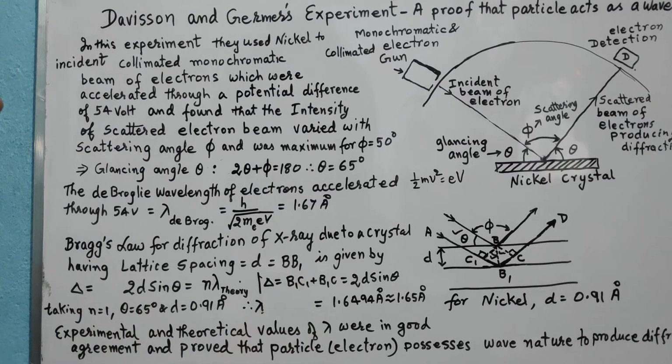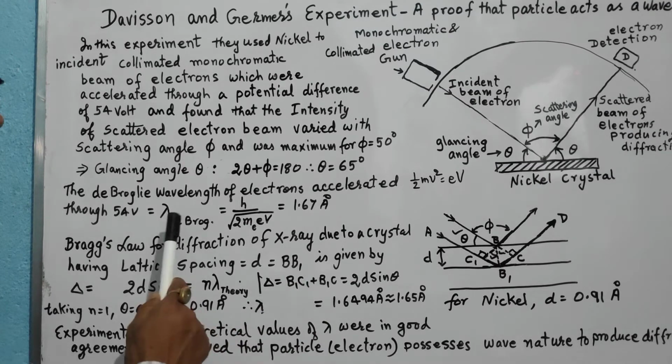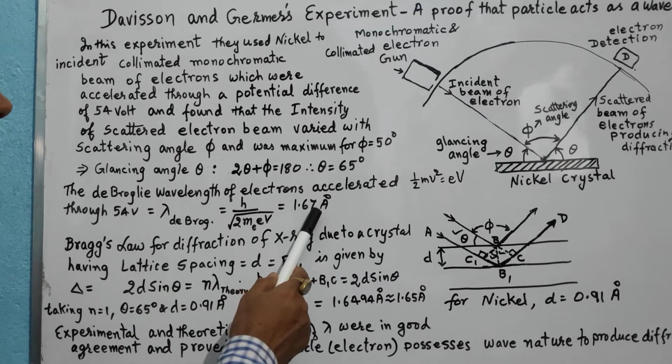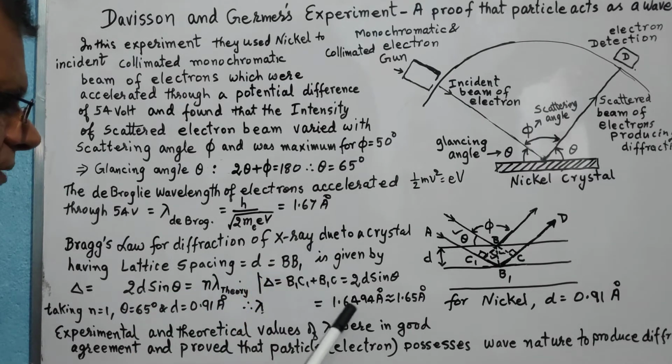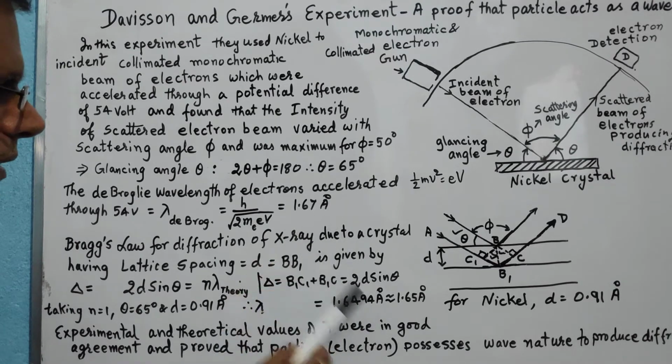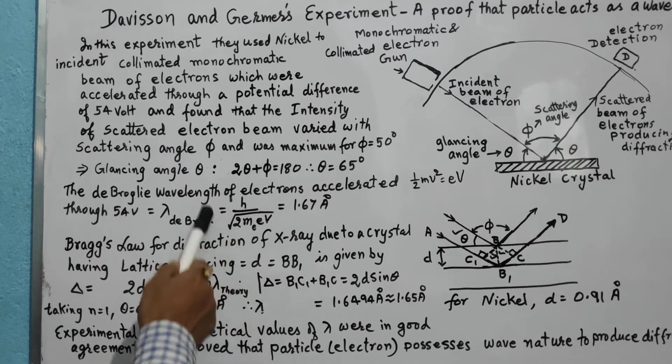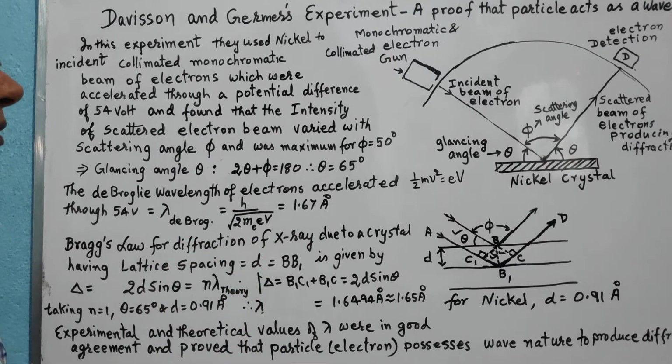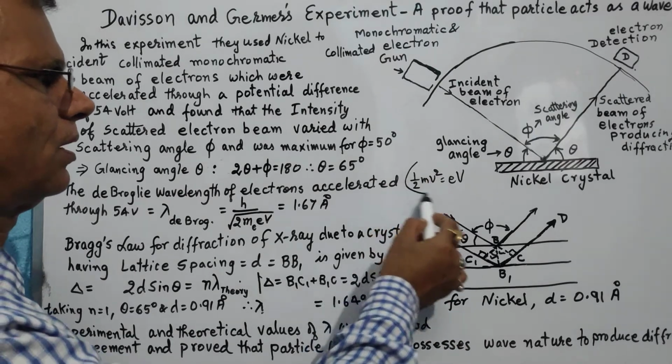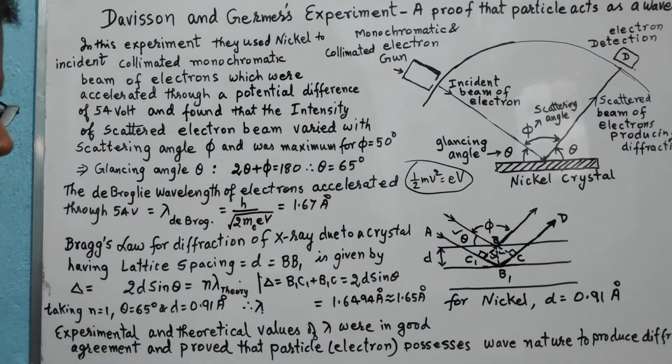So these two values, the wavelength predicted and the wavelength found experimentally, were found to be in very good agreement, and this proved that the de Broglie wavelength is associated with a moving electron, and this brought them the Nobel Prize as well.